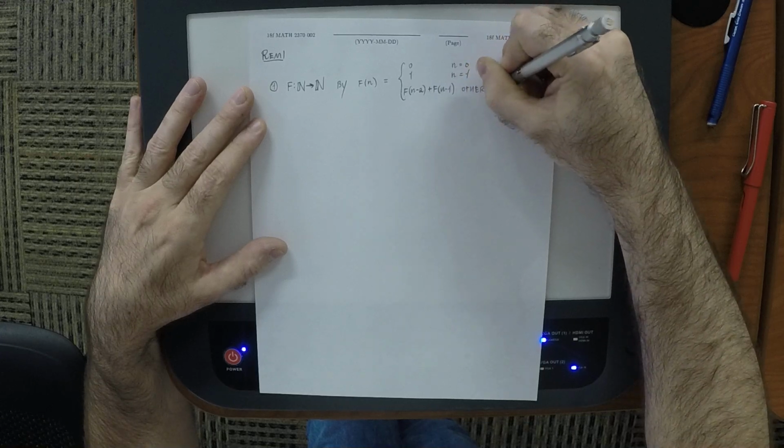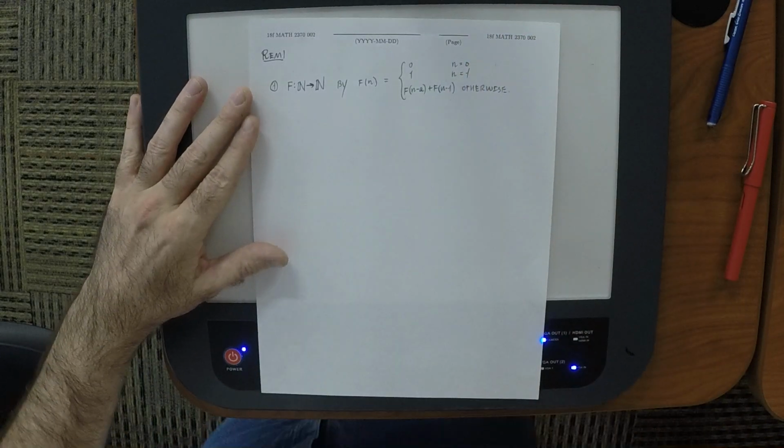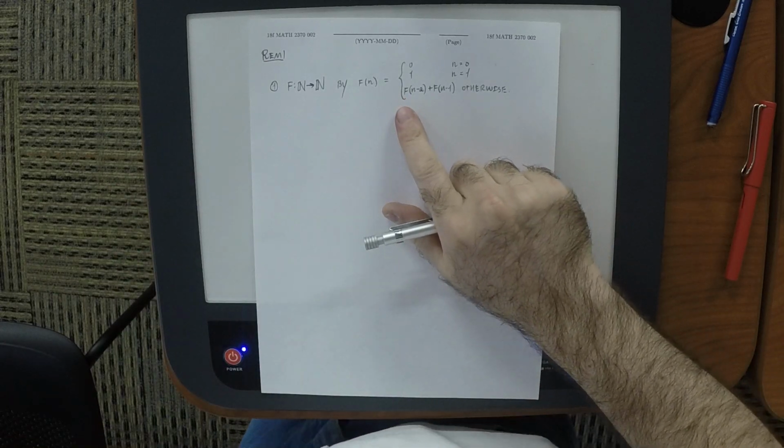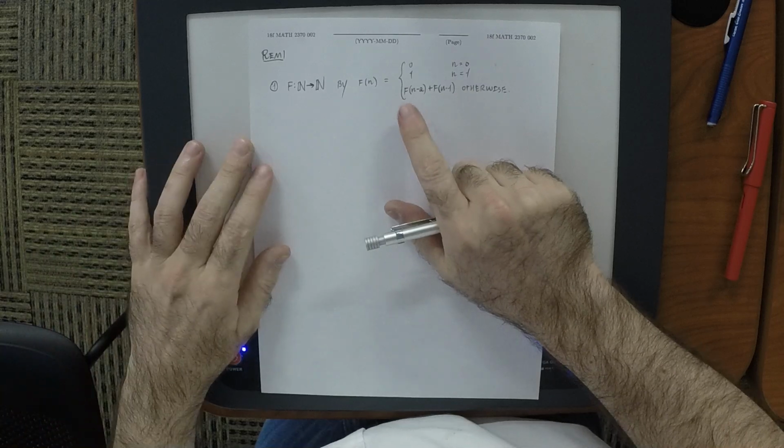So this is the slow one. This is the terrible, awful one. If you want to evaluate like the 100th Fibonacci number by hand, it's just not going to happen. Not if you use this one.